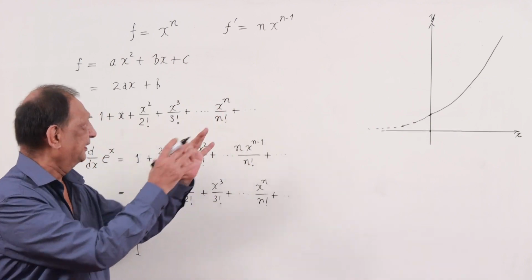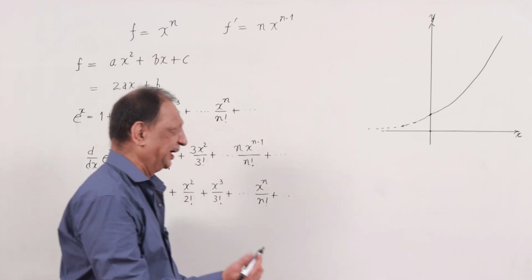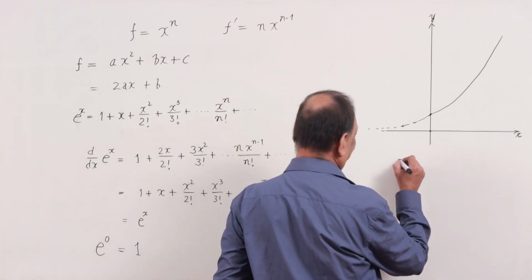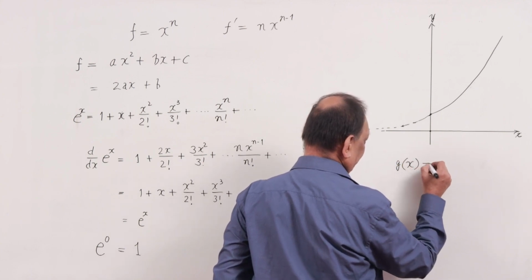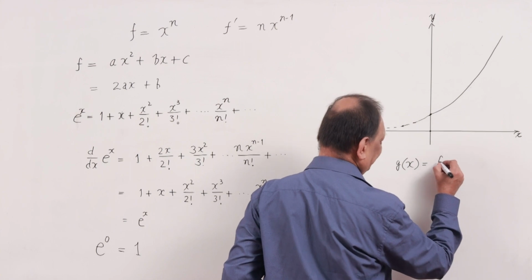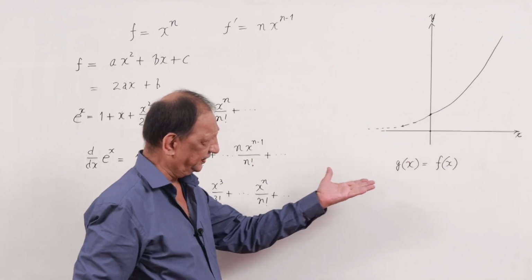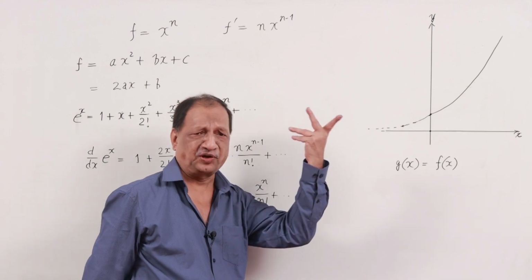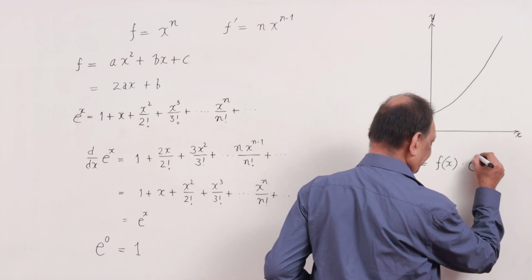Now you can multiply a function with another exponential function. Simple example: suppose I have a function g of x, which is some function of x called f, doesn't matter what it is, can be x squared, can be sin x, cos x, whatever you name it, multiplied by e power x.